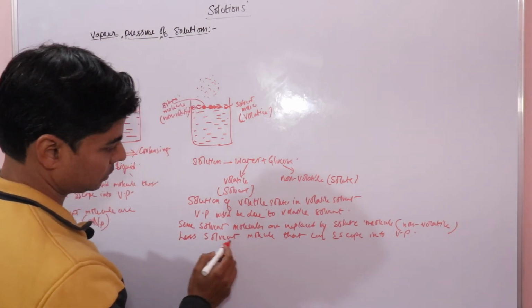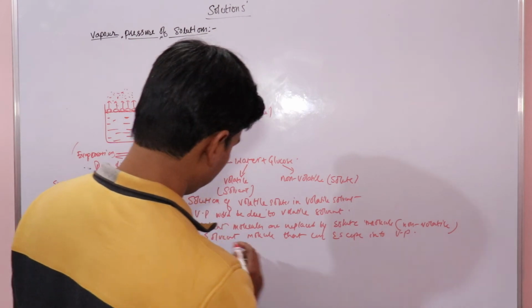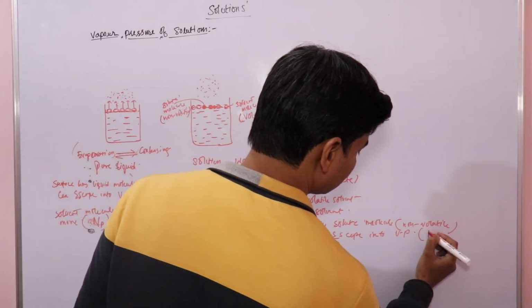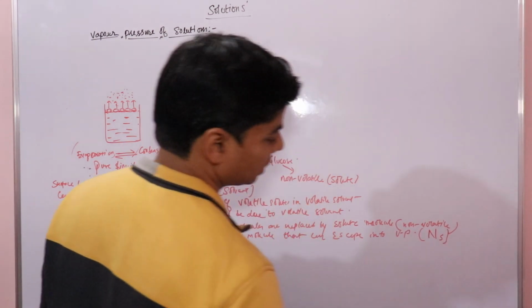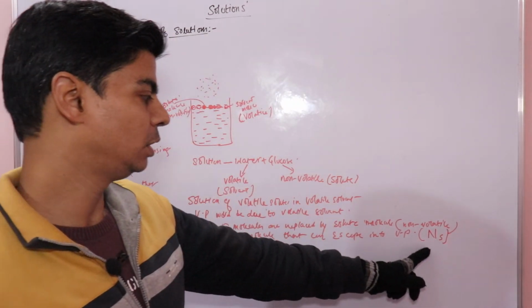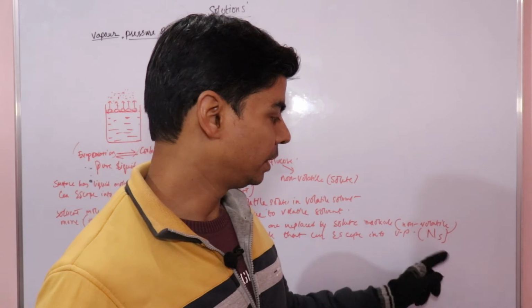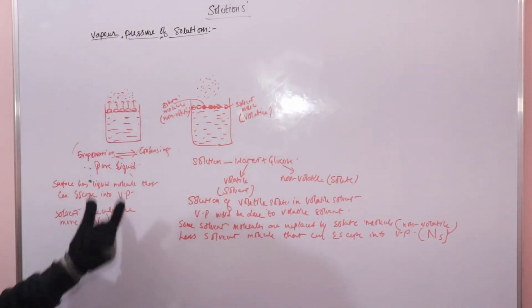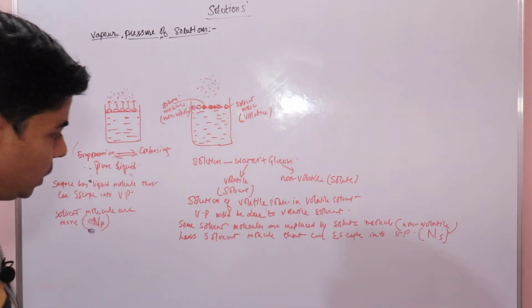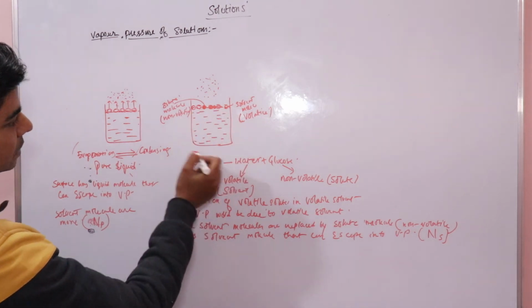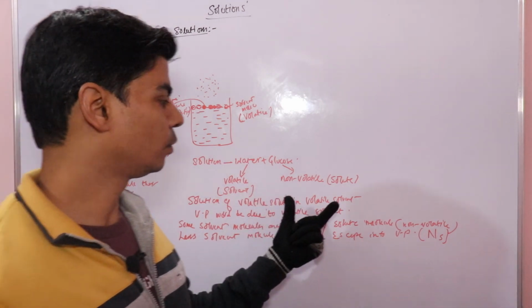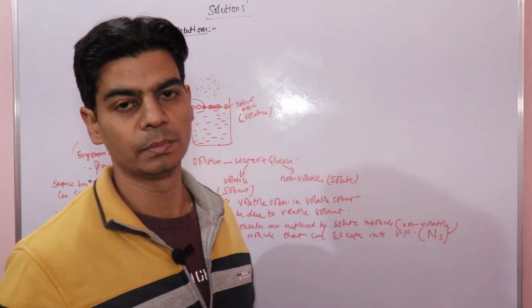Now here we have less solvent molecules that can escape into vapor phase. Let us denote this by NS, number of solvent molecules in solution. This is number of solvent molecules in pure liquid, NP. And we know that in this case some of the solvent molecules have been replaced by non-volatile glucose solute molecules.